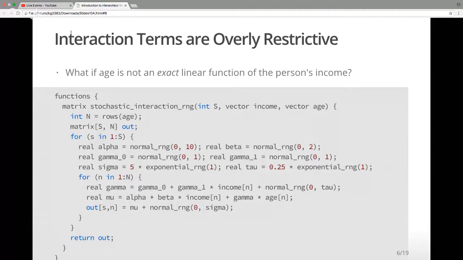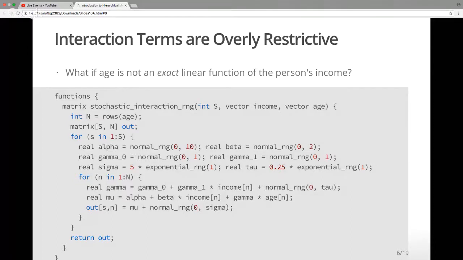And the extent to which this is a noisy function, whether it's a little bit noisy or a lot noisy, depends on the size of tau, which can also be estimated, presuming that we have prior beliefs about tau to begin with.